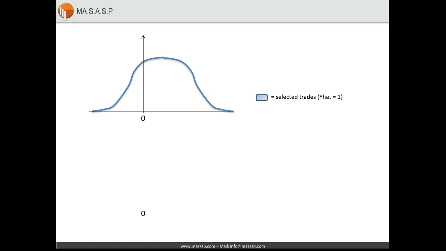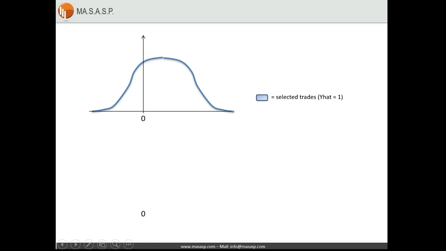These are the trades selected by the predictive model. And the expected value from the distribution of the discarded trades, y hat equals 0. These are the trades generated by the trade construct whose likelihood of being winning, though, has been deemed insufficient by the predictive model.